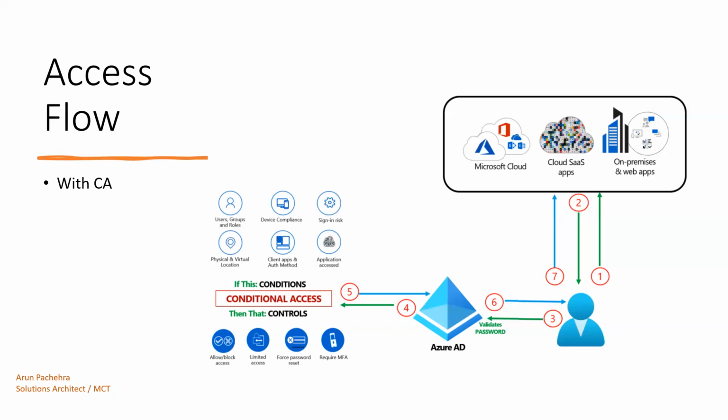A conditional access policy is made up of two main parts: a condition to match and a control to apply. The conditions are based on the information signals relating to the specific authentication request. For example, user information, role assignment, user location, user device information, or the client application which the user is trying to access.